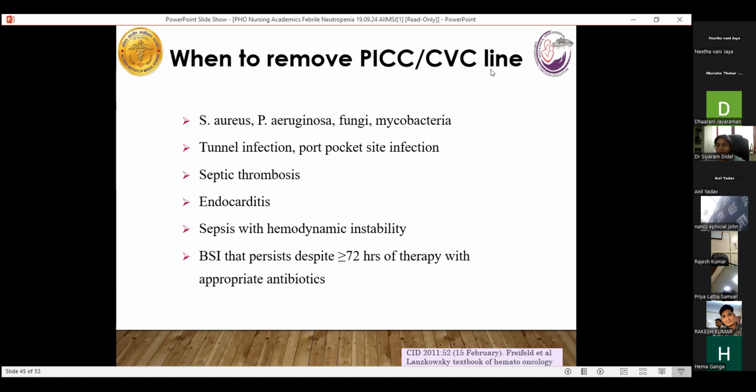Central venous catheters or PICC lines can be associated with colonization with skin commensals. So when should we remove a PICC line or central venous line?